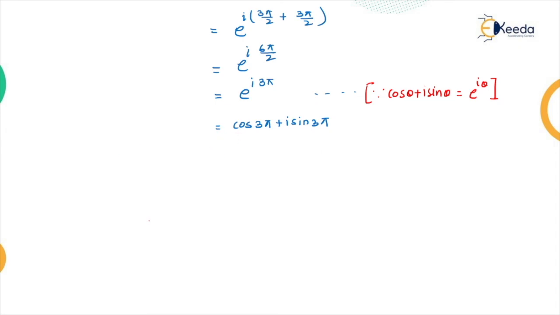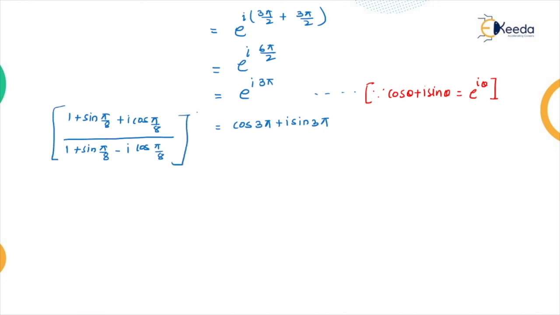This is your answer step, means you have to evaluate the indices of (1 plus sine pi by 8 plus i into cos pi by 8) divided by (1 plus sine pi by 8 minus i cos pi by 8), and if this total power is 8, then this is your solution, guys.